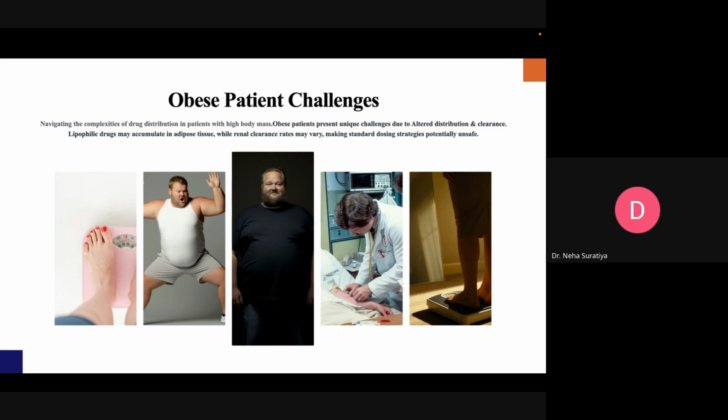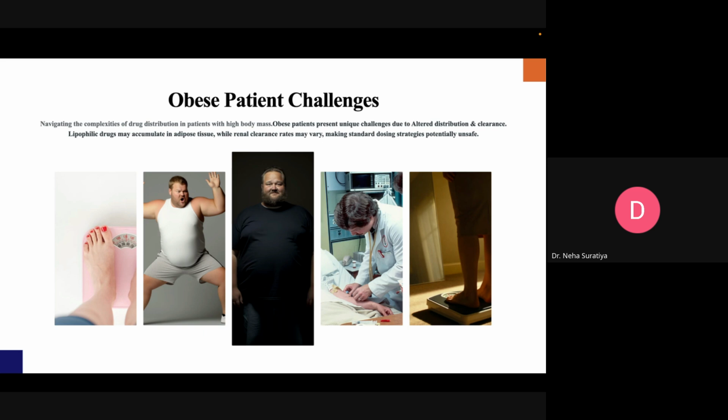So you need to check the nature of the drug you are using in the obese patient, whether it is hydrophilic or lipophilic. A lipophilic drug can accumulate in fat, and of course, in obese patients there is a high amount of fat. Hydrophilic drugs will remain in plasma because they are resistant towards fat. And clearance is also altered: renal clearance may be increased or reduced, and liver metabolism also changes in the obese patient.